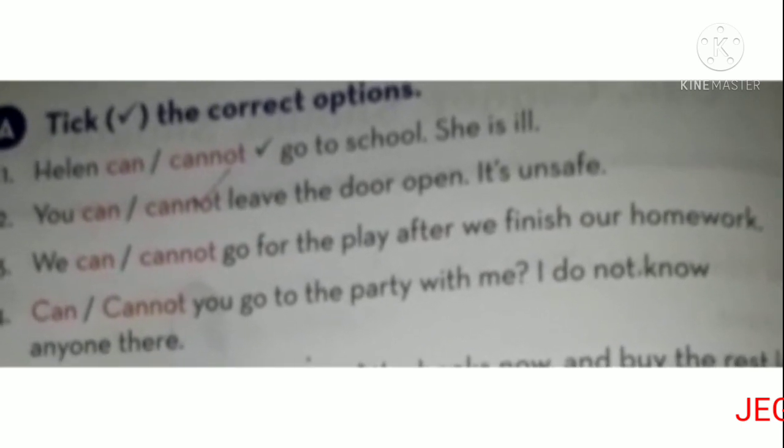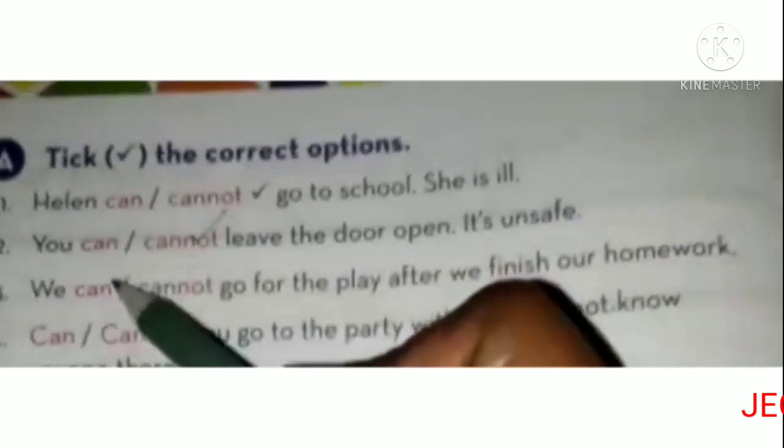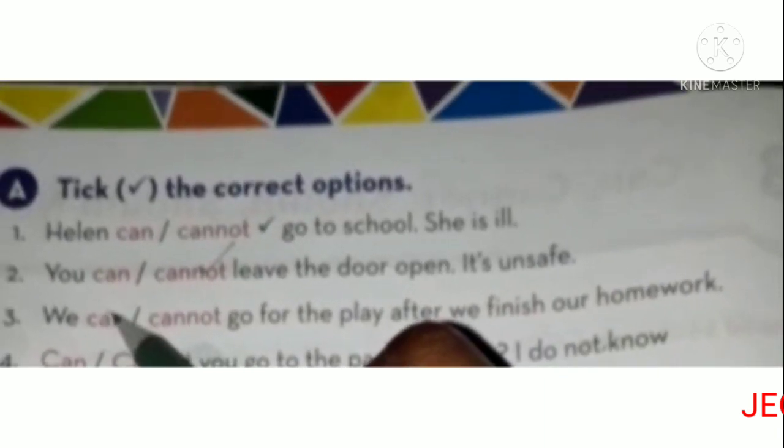Look at the third one: we can or cannot go for the play after we finish our homework. We can go for the play after we finish our homework. So the answer is can.